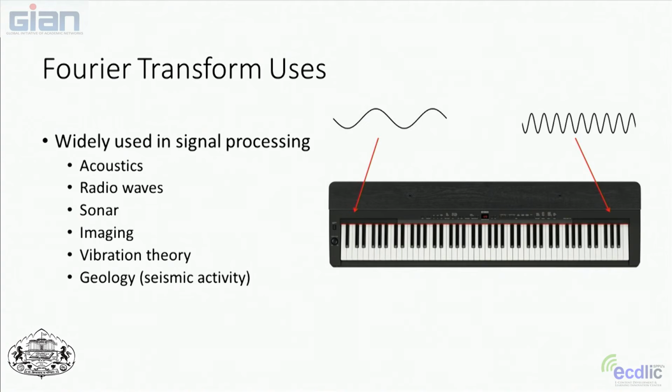If you've ever studied theories of mechanical vibrations, they also break this down using Fourier transforms. And geology information, such as earthquakes and how the earth shakes, can also be broken down into frequencies. So basically anything that you can collect in a wave, a time wave, you can break down using the Fourier transform.